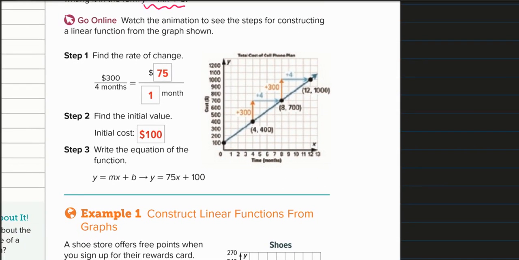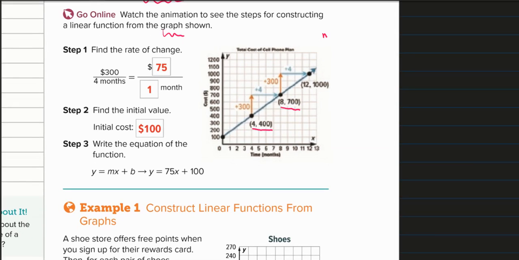So the idea is, when we're going from this point 400 to 700, how are we going up? And then how are we going over? So in this specific case, if we're doing it from a graph, we've already talked about how to do this. We know that when we're finding slope, we're going to have our rise over our run, or how are we going up or down to how are we going right or left.